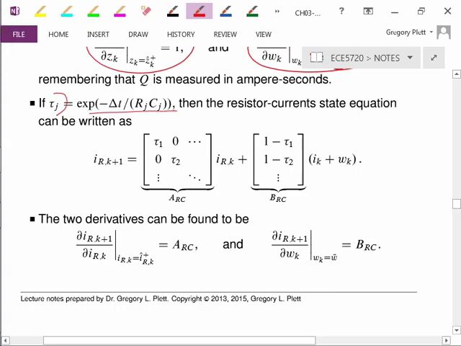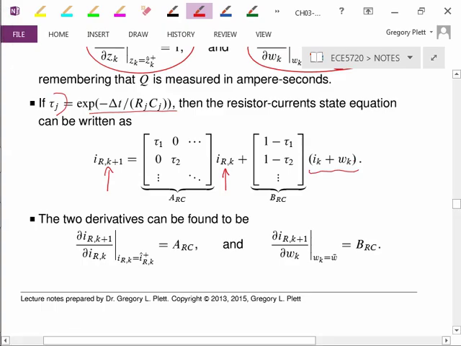Then if I define that short form, the resistor current state equation can be written for any number of resistor currents in parallel RC branches as new resistor currents equals this diagonal matrix with all the time constants tau on the diagonal times old resistor currents, plus 1 minus the time constants times the input, and we notice again the input is I plus W.